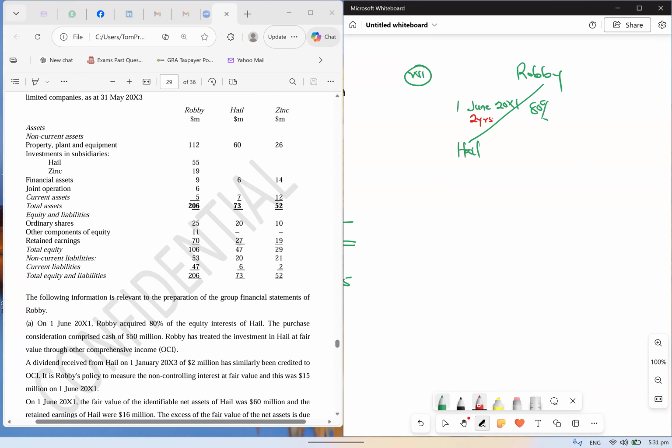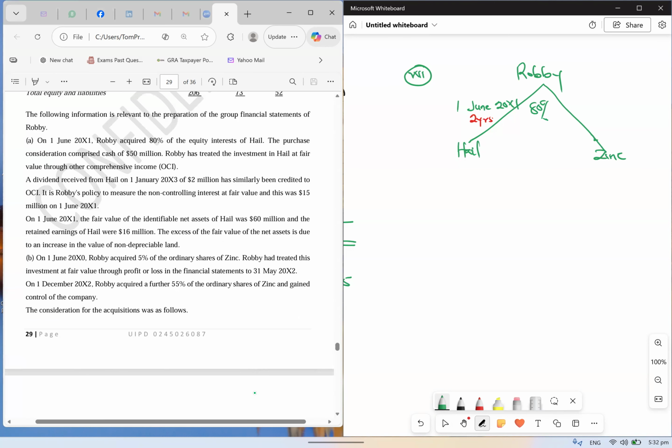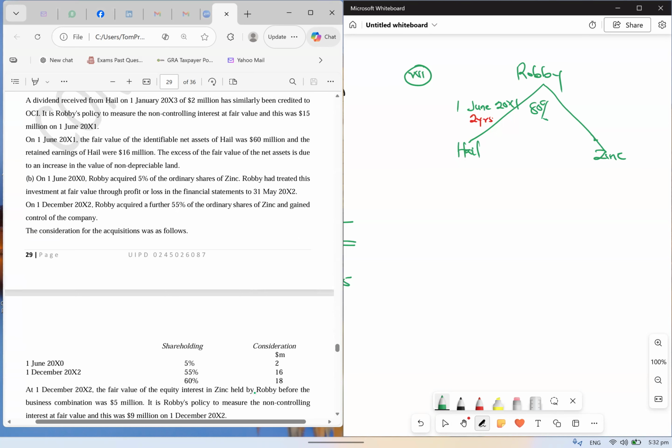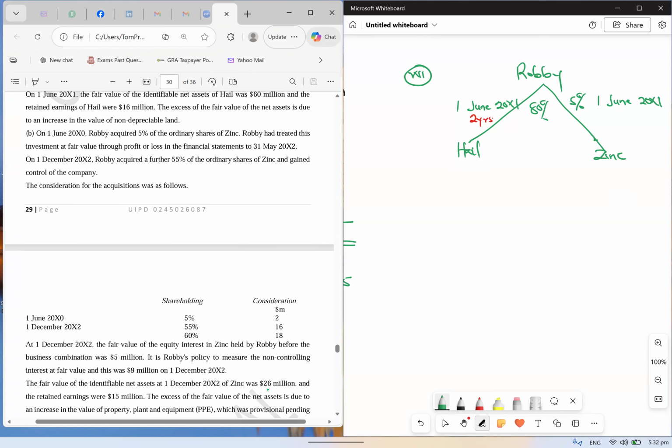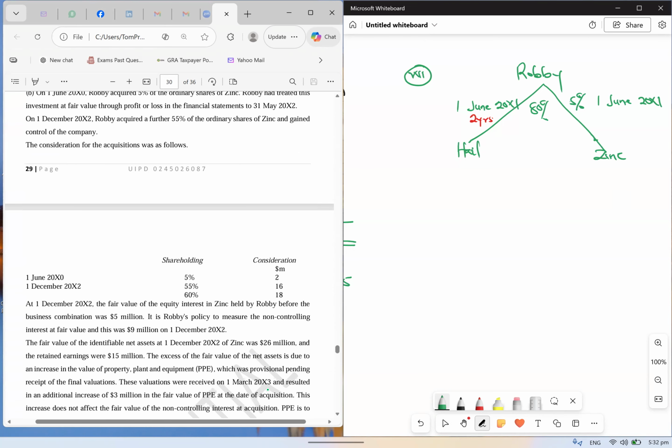2 years. He also acquired Zinc. For Zinc, we realized that in his acquisition, there is 5%. So he bought 5% of Zinc on this date, which is 1st June 20x1, and increased it by buying an additional 55%.